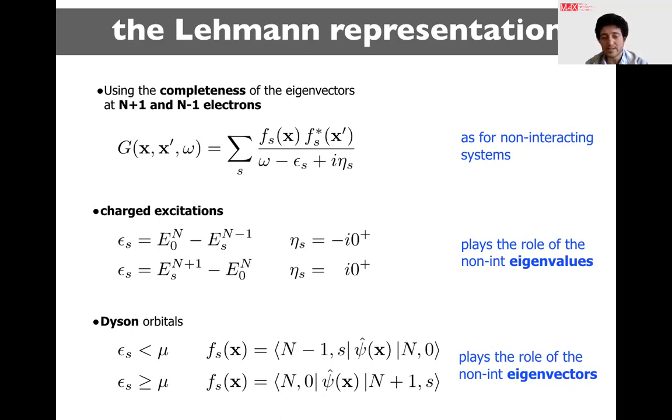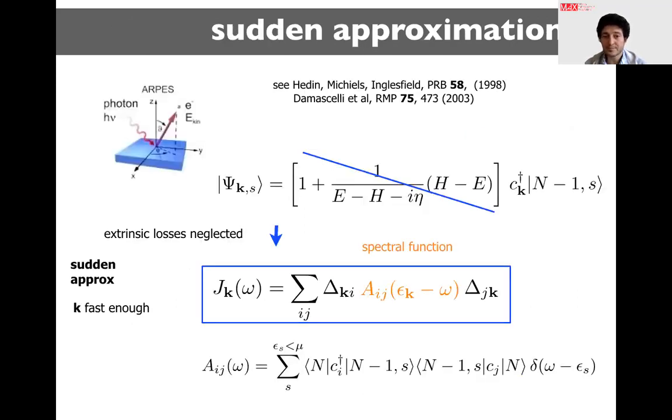Importantly, these Fs are not orthogonal, they are not normalized, and also they are many more than, actually infinitely many, than the simple non-interacting case. In those cases, you have for each electron one orbital. Here we have many more.